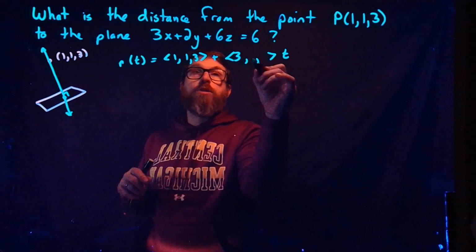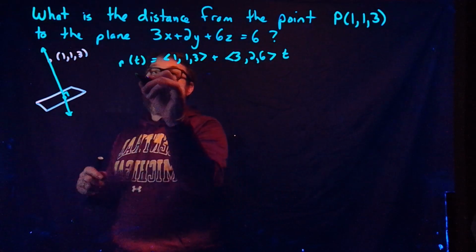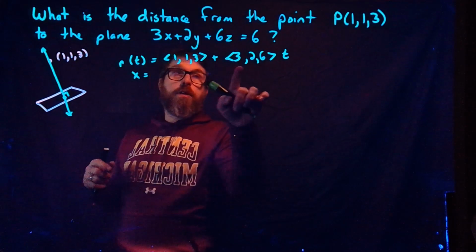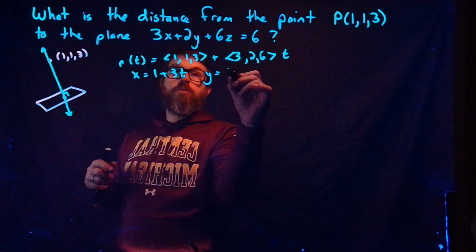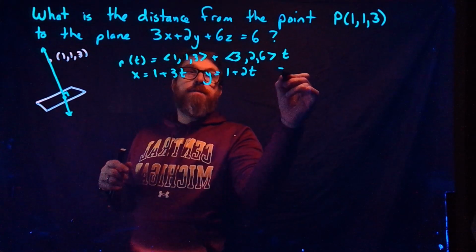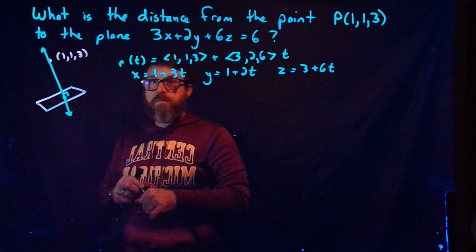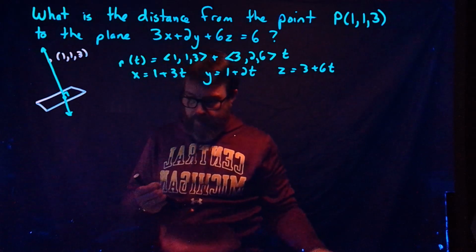So this is going to go (3, 2, 6). Now when I parameterize this, x is going to be 1 plus 3t. y is going to be equal to 1 plus 2t. And finally, z is going to be equal to 3 plus 6t. So that is the parameterization of this green line.